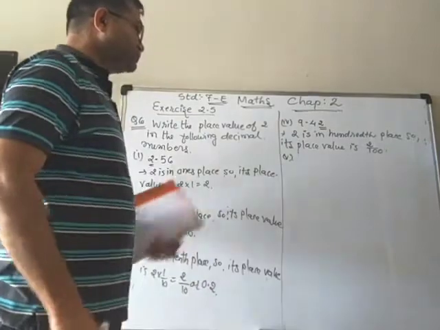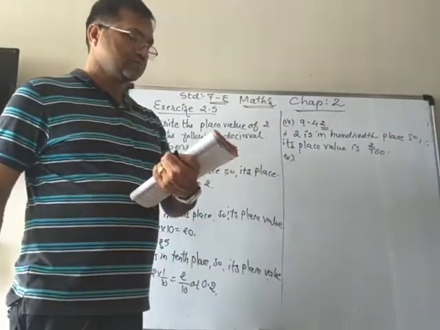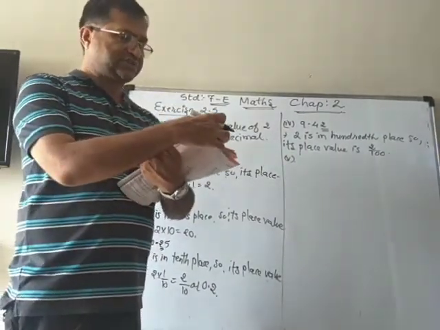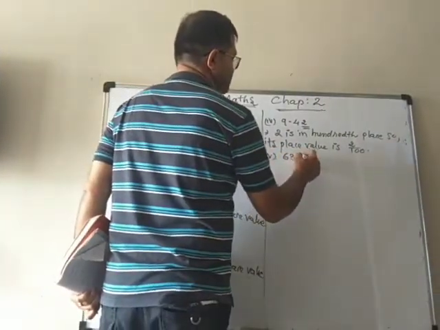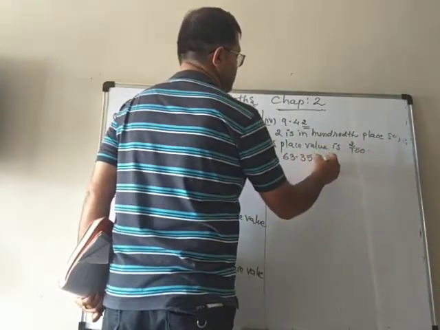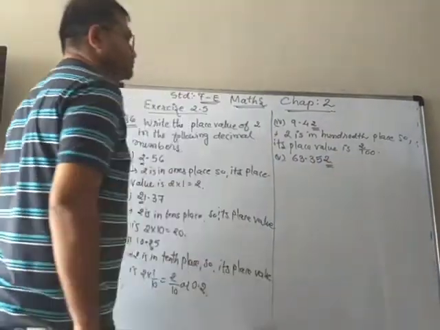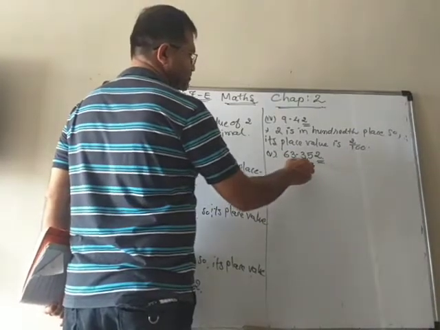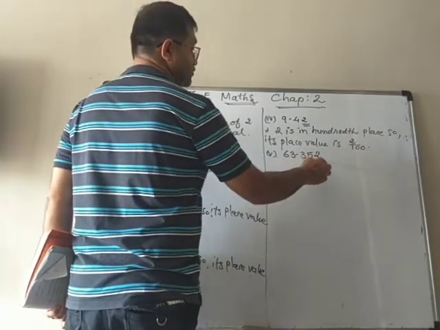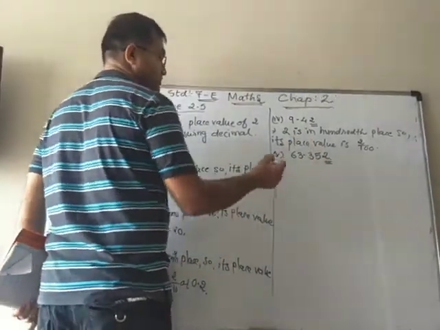And the fifth is 63.352. Now the first place is tenths, then hundredths, and then the thousandths place.